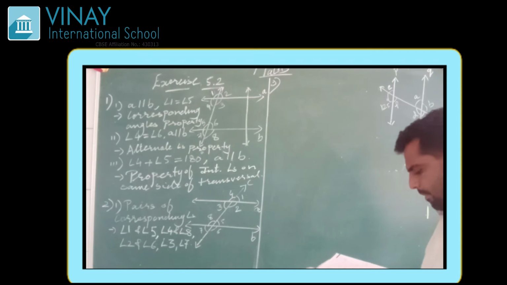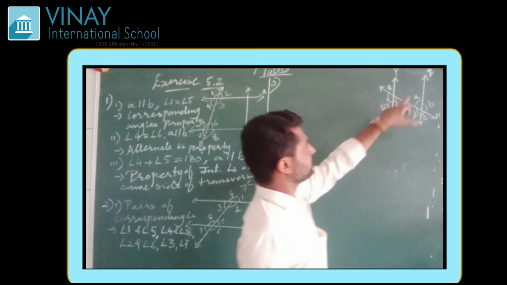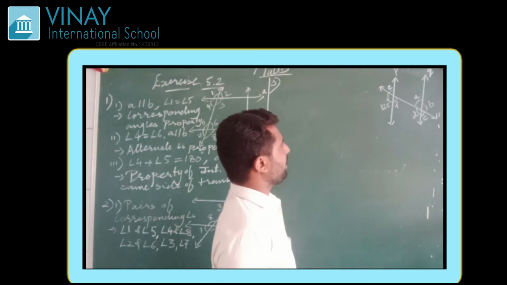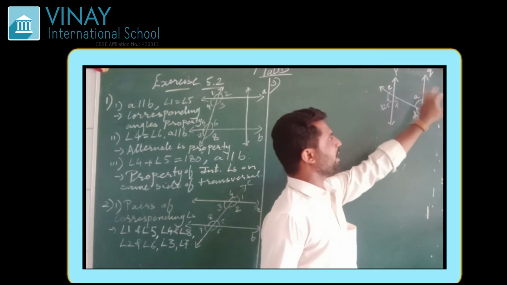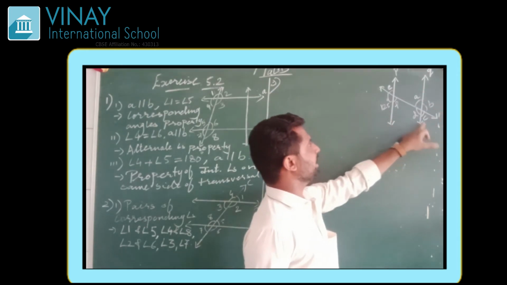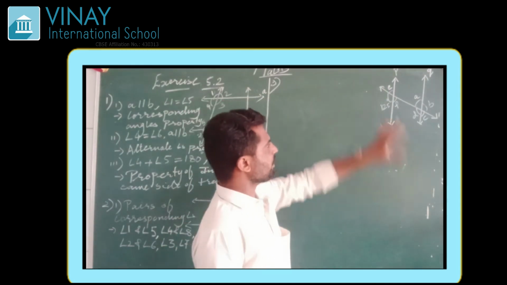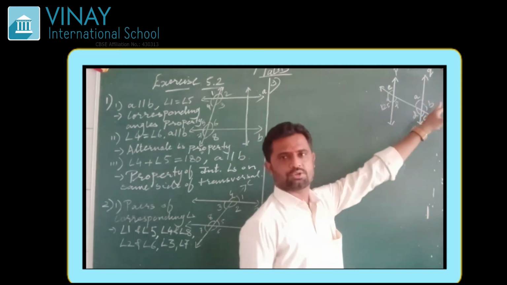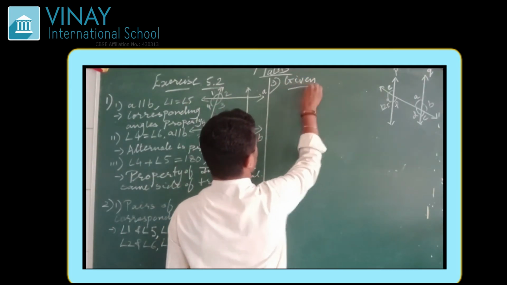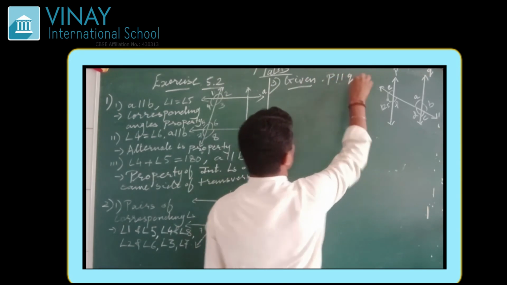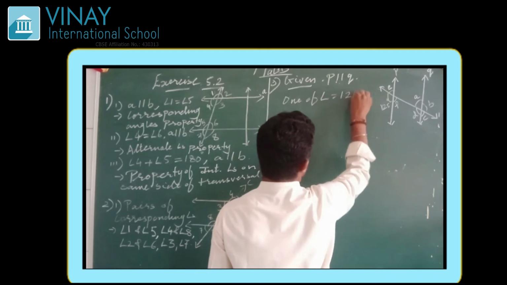In the adjoining figure, P is parallel to Q. Now here one figure is given in which line P is parallel to line Q, and we have to find out the remaining unknown angles, that is A, B, C, D, E and F. We have to find these by the properties of a transversal when it passes through parallel lines, because here it is given that P is parallel to Q and one of the angles is equal to 125.